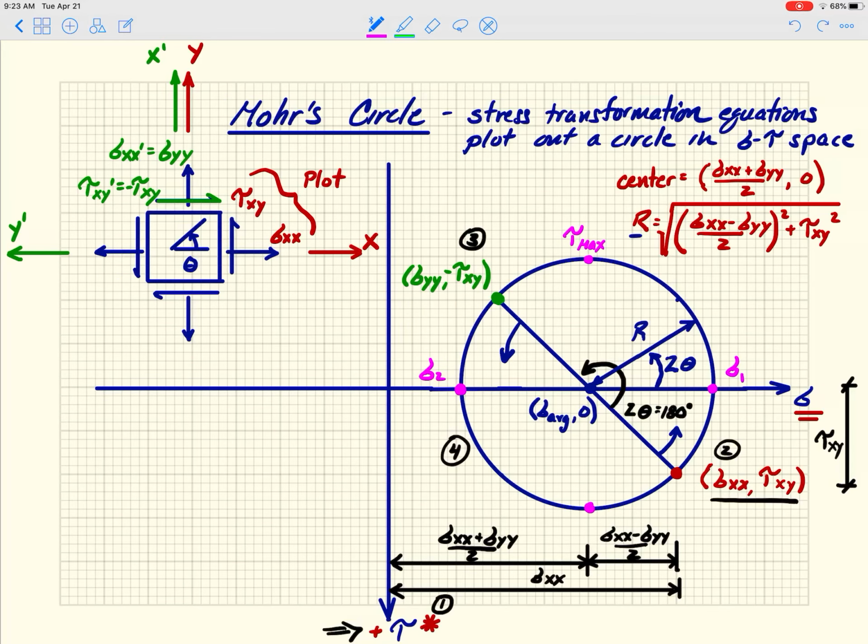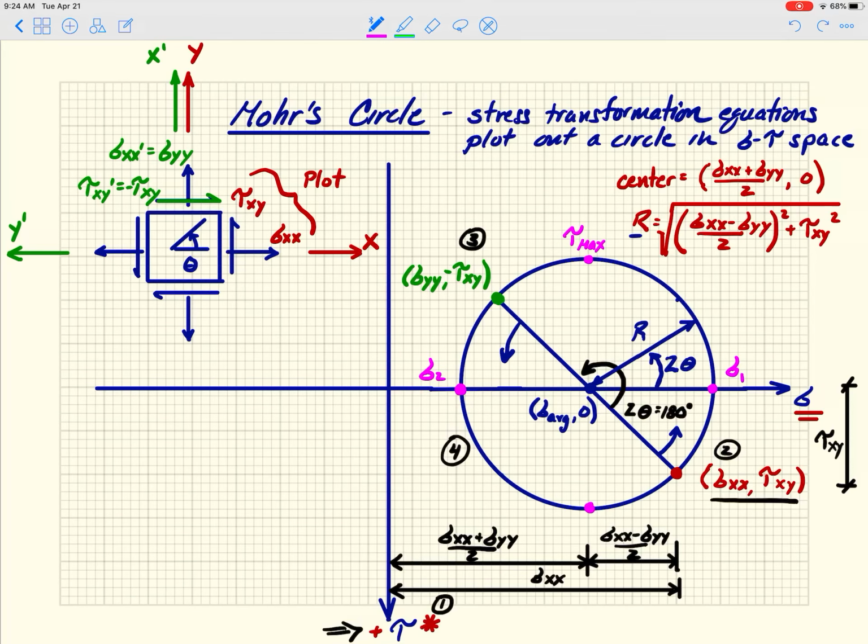So the 360 degree circle will plot out 180 degrees on the cube. By the time I've turned that cube all the way 180 degrees, I'm back to where I began, because it's the same orientation as before. I'm just on the opposite face of it.